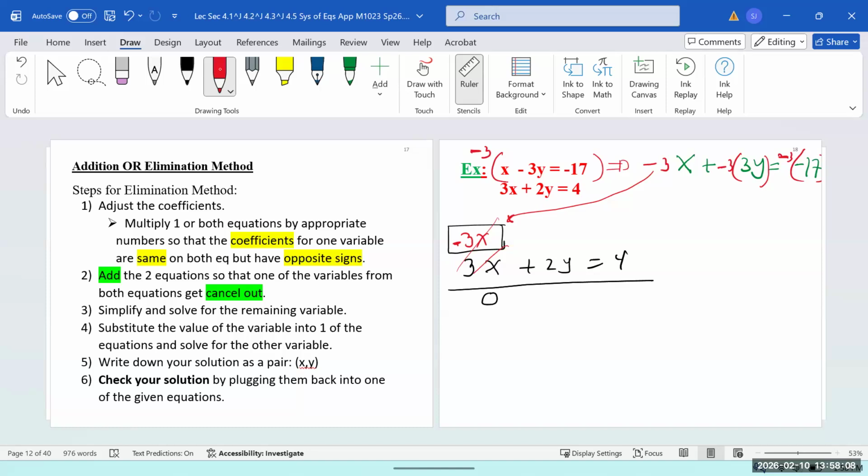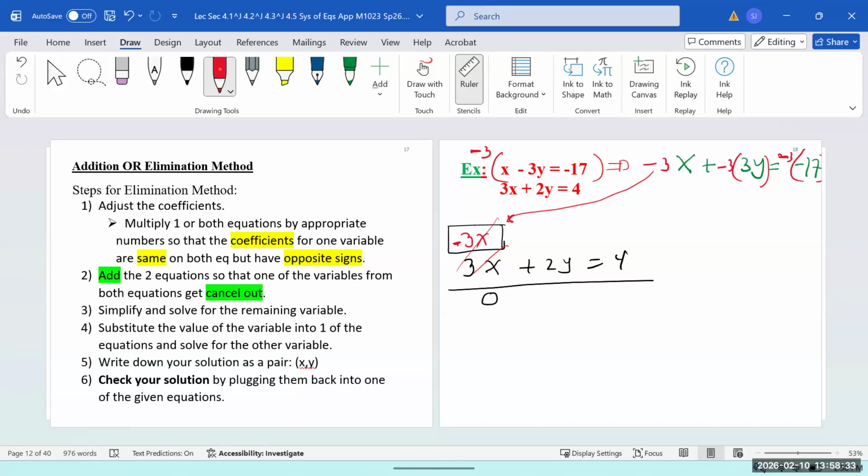Why? So you have x in the first equation, but we want to have negative 3x. We can do that. If you multiply x by negative 3, we get negative 3x. So you're trying to make the equations similar, the same with different sign, because we decided to cancel the x.